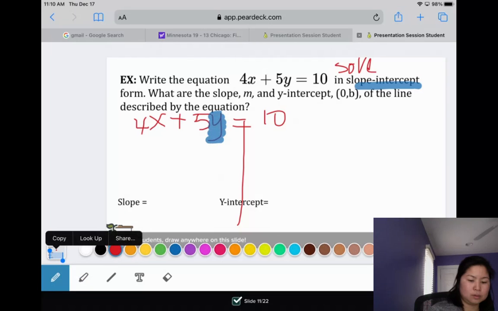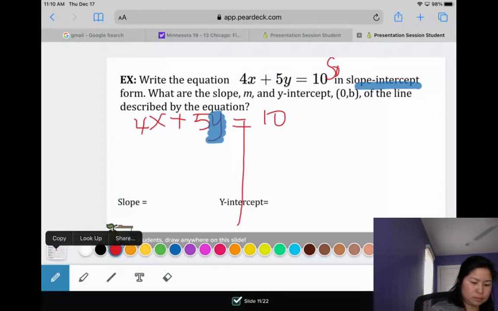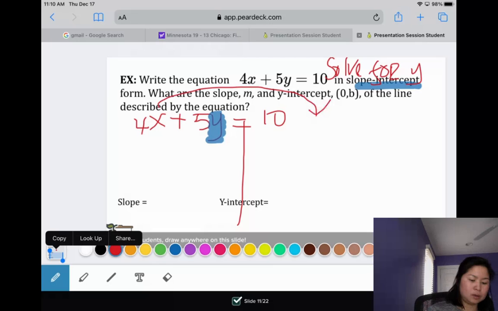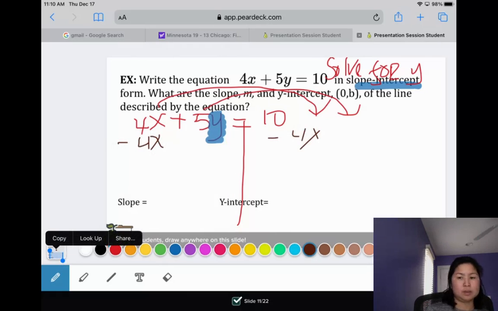Solve for y. Okay. When you solve for y, that means you move everything over to the other side, which is 4x and the 5 over. I'm going to move the 4x first. Take the whole thing.